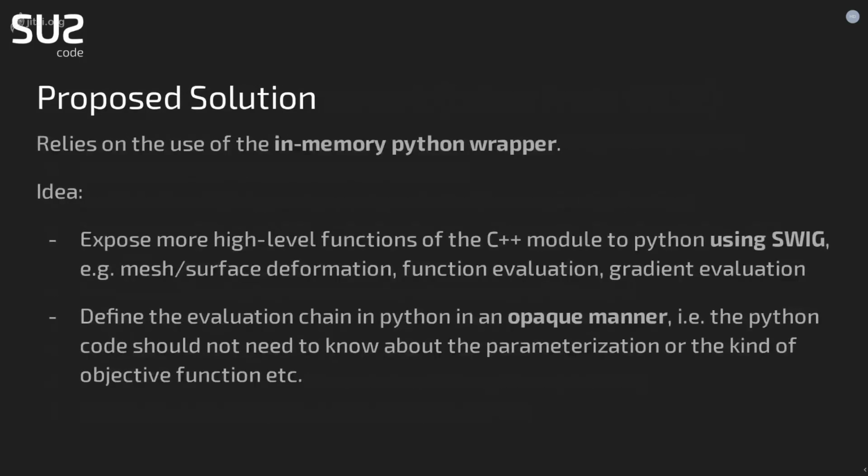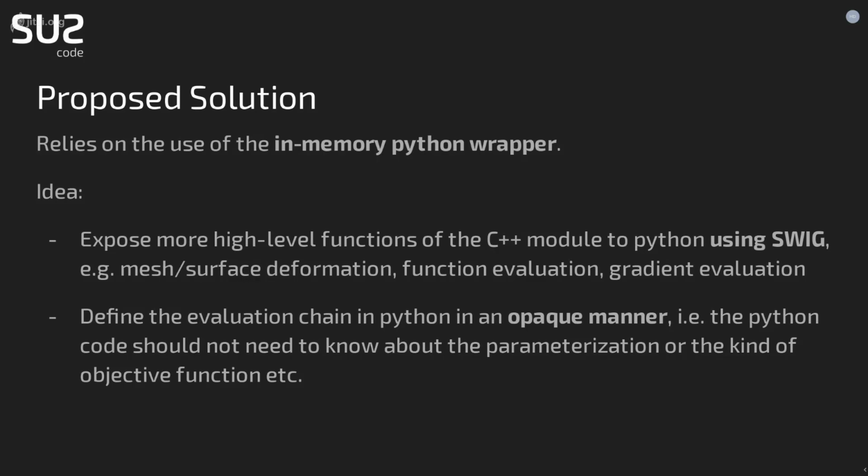Yeah, so we were always talking about the in-memory Python wrapper, right? This is the solution that we want to go for, and I think that everybody agrees that this is a good idea. So we want to expose a lot of things from C++, even more than we have right now, to Python, but just some very high-level functions to run the code, to get some output, to run the H1 solver, to get the sensitivity and stuff like that.